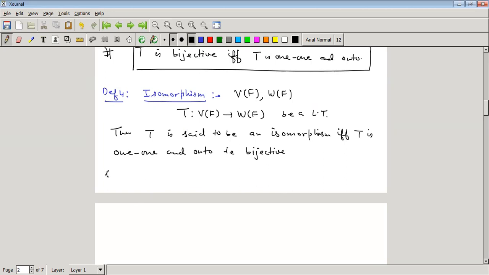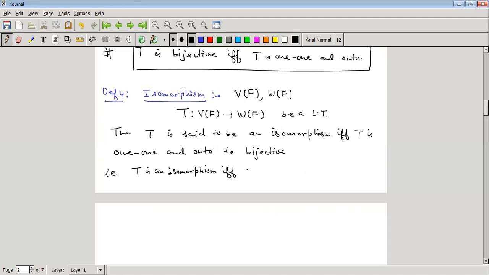That is, T is an isomorphism if and only if T is bijective. So how can we say T is bijective?